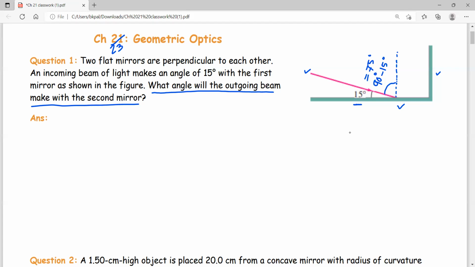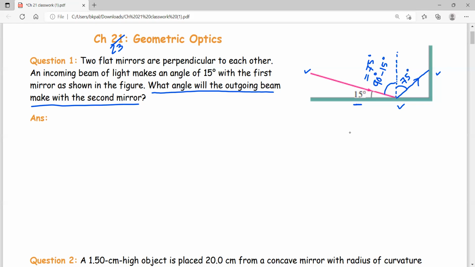As the incident angle is 75-degree, the reflected angle will also be 75-degree. So this will be the reflected ray and this angle will be 75-degree.